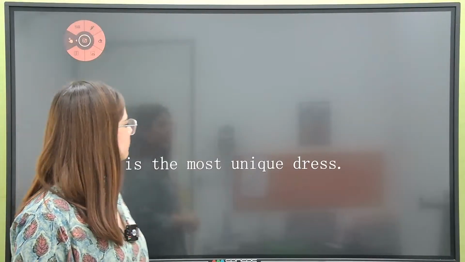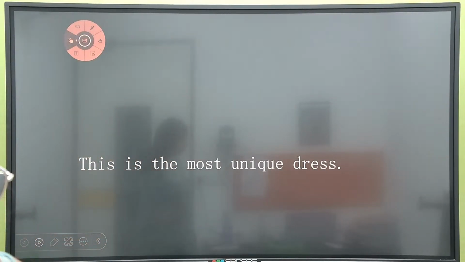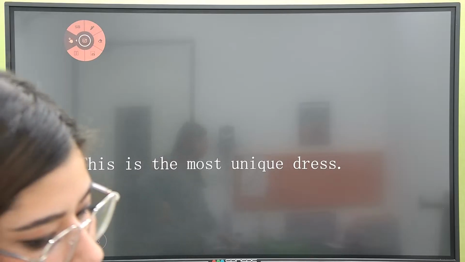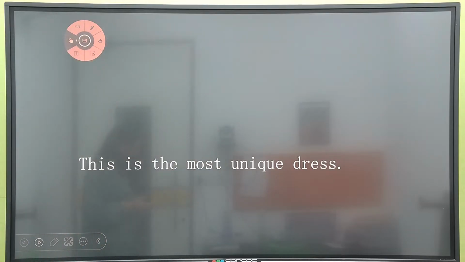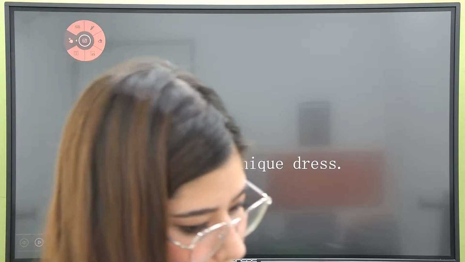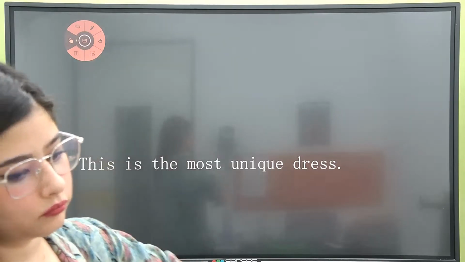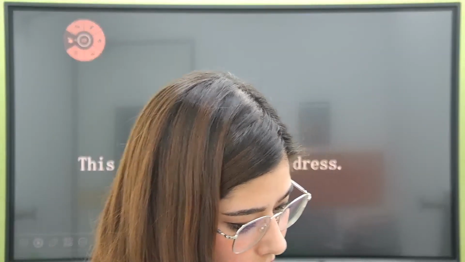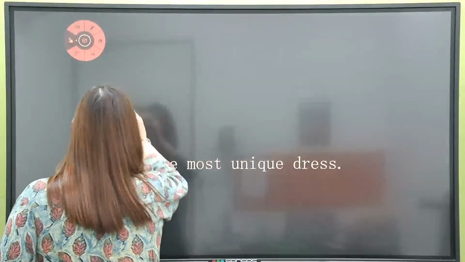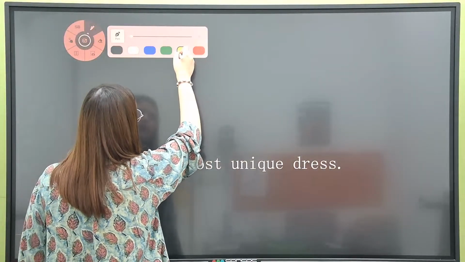Next, this is the most unique dress. Yes, we discussed this in the last session or in the last to last session.